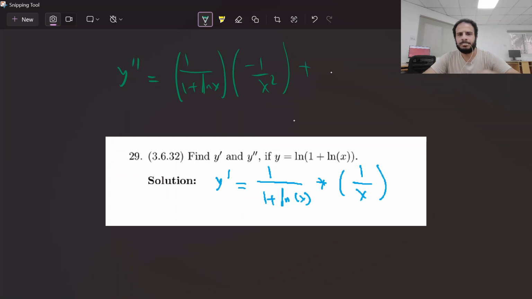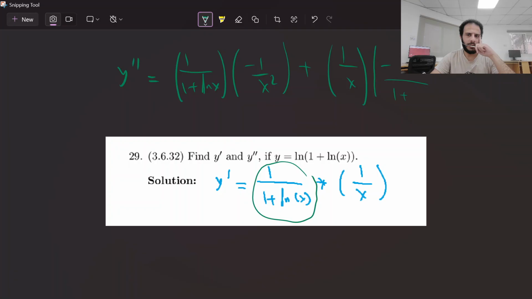And plus, then we keep the second one, 1 over x, and this one is an easy way to do that. It's probably just quotient rule. So we keep the bottom one, 1 plus ln x. Do it as chain rule if you want. Chain rule? Okay, yeah. So minus 1 over the bottom squared. And then this one is just times 1 over x. Yes. Thank you.